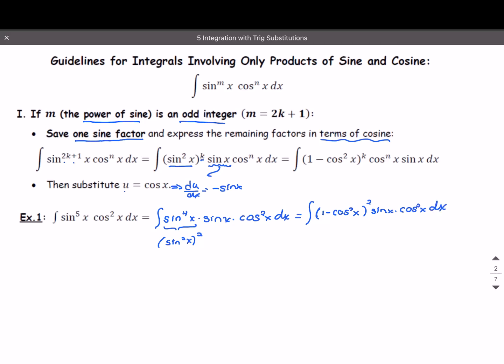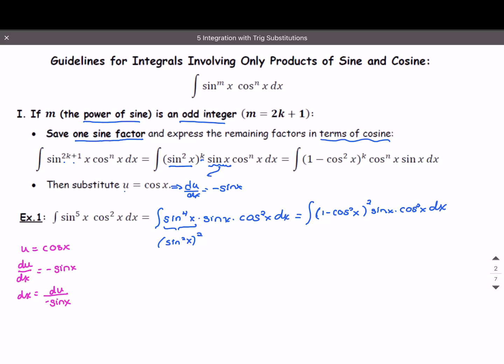Now, we're supposed to use u is cosine x. That means that my du/dx is the negation of sine x, and dx will be du over negative sine x. Okay, so here we go. Let's see what we can do.